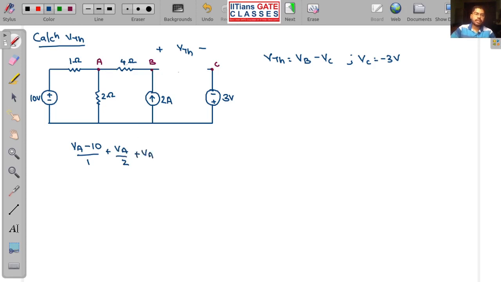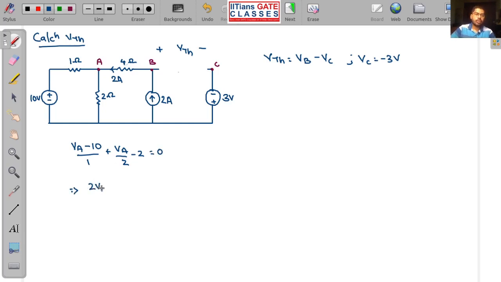Should I write this VA minus VB by 4? No. Then what will happen? Again I have to apply a node at this point, and it is not advisable because this 2 ampere is in series. So this 2 ampere will flow here. So inward current inside the node I will be considering at minus 2 equal to 0. Now just take LCM and solve.